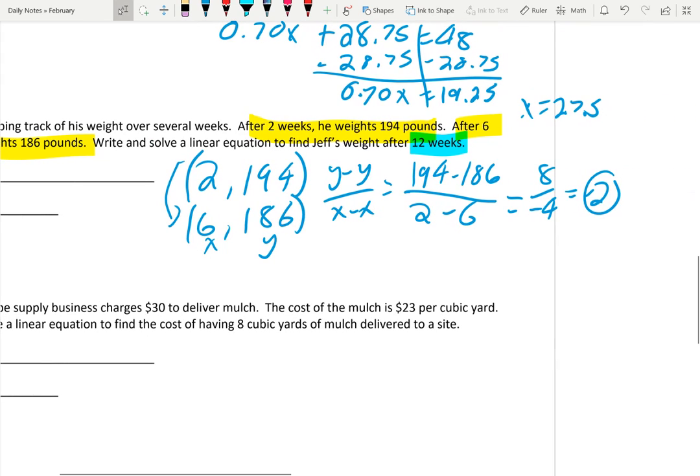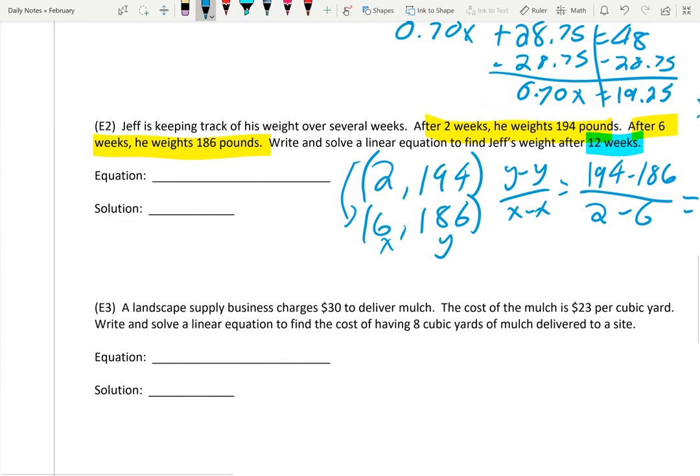Now remember, my slope's negative 2, and I have these points, so it makes sense to make a point-slope equation. So there's 2 ways you can write the point-slope equation. Let me write them down here. You can either write y minus 194 equals negative 2 times x minus 2, or you can have y minus 186 equals negative 2 times x minus 6. So obviously the slope's the same.